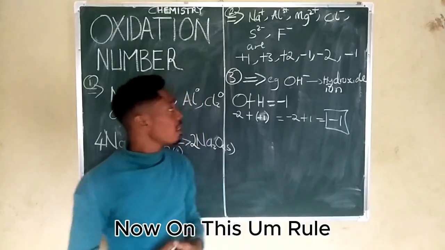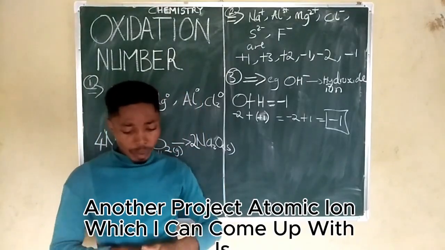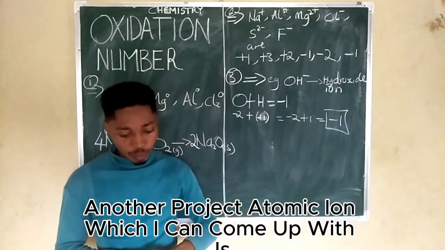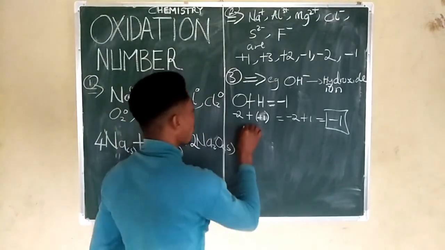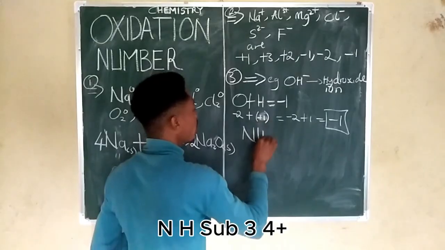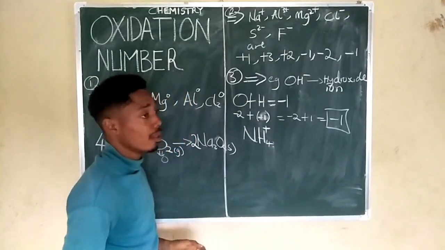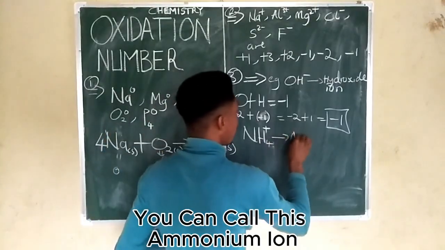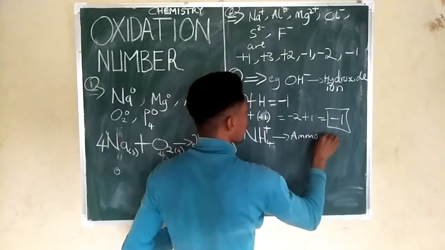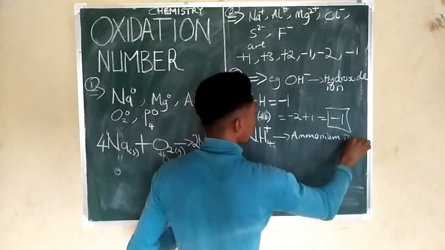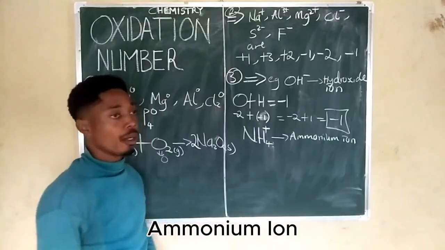Further on this rule, another polyatomic ion which I can come up with is NH4 plus. You can call this the ammonium ion.